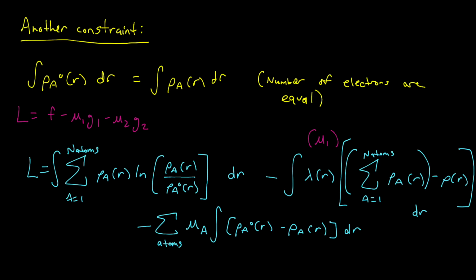Another constraint we can introduce in MBIS is that the sum over all space of the proatomic density has to equal the sum over all space of the atomic density. Basically, it says that the number of electrons in an atom, no matter whether you calculate it as a proatom or an atom in a molecule, is equal. Because we are still minimizing information loss, we can introduce another constraint into this Lagrangian.